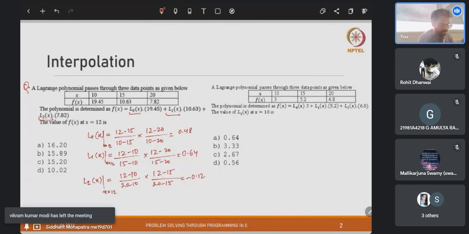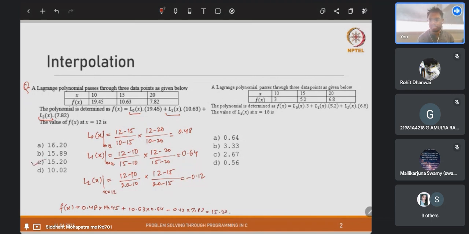So f(x) is 0.48 into 19.45 plus 10.63 into 0.64 minus 0.12 into 7.82. That brings the value to 15.20. So here the answer is option C.